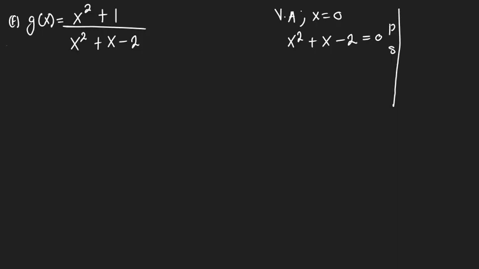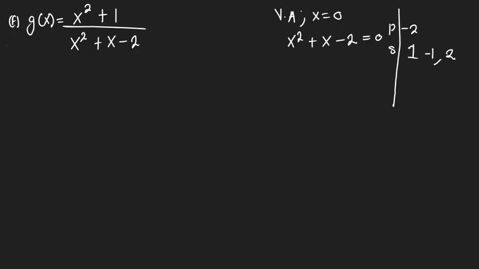The product is simply negative 2. The sum is simply 1. Then you discover that two numbers, if you add them, they give you 1 and if you multiply them, they give you negative 2. It will be negative 1 and 2. Yes, negative 1 and 2. If you sum them, they will give you 1. If you multiply them, they will give you negative 2.